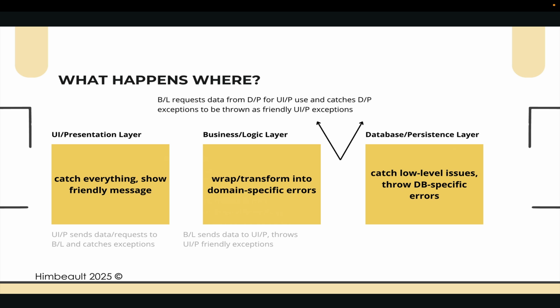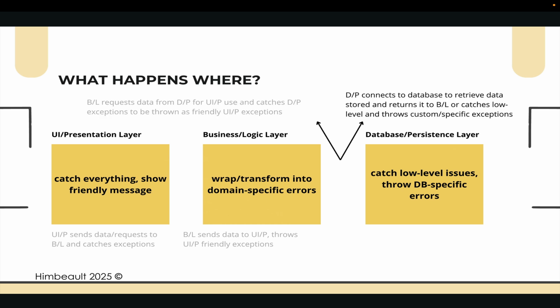Now, the business layer also is responsible for requesting data from the database or the persistence layer. It's basically the pass-through layer in that sense, right? It is getting the data from the database layer so that the UI layer can use it. And it's responsible for catching any exceptions that the database layer throws so that they can be, as I said, wrapped or transformed into domain-specific errors.